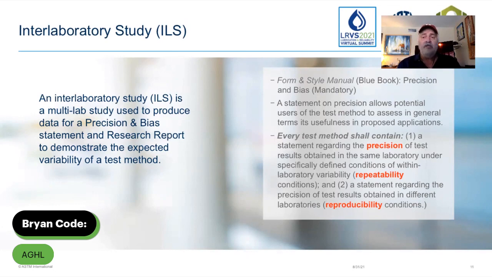And that information is then rolled up into what we call an interlaboratory study research report. And ASTM will take these documents, which are also vetted by the groups that write the standards, and these become a part of the paper trail, so to speak, of the test method. So when the repeatability and reproducibility numbers are there, then that information would be backed by some hard science, which makes it very, very powerful.